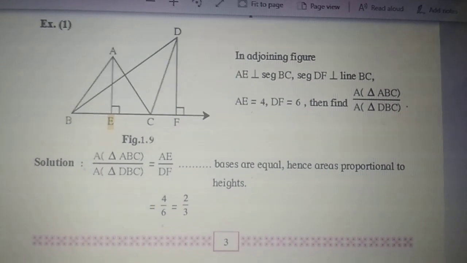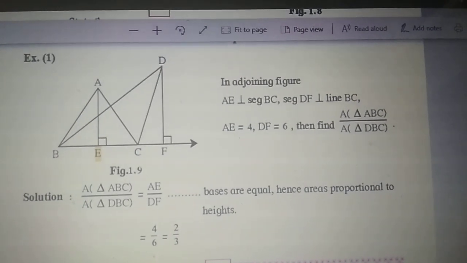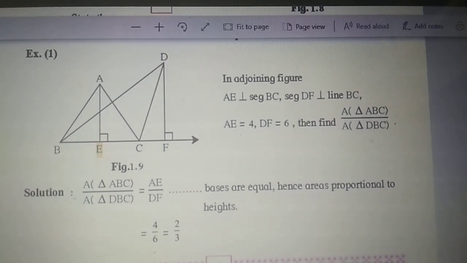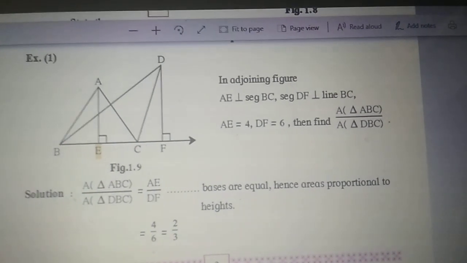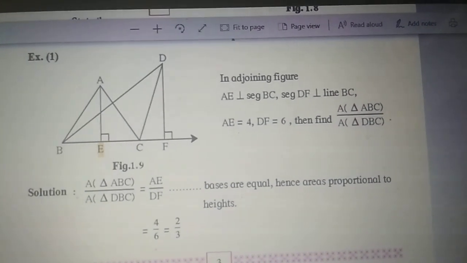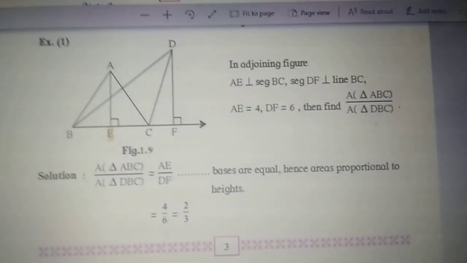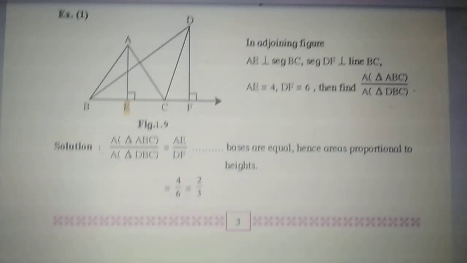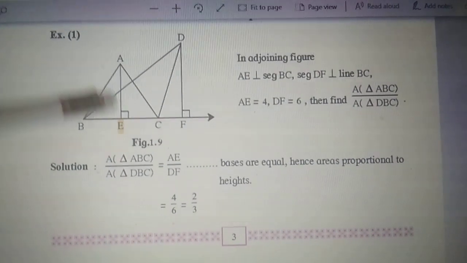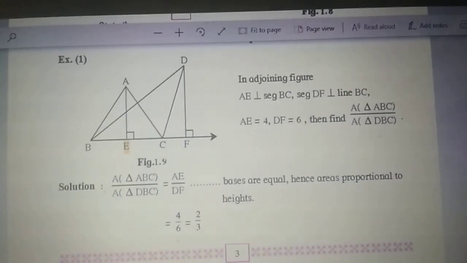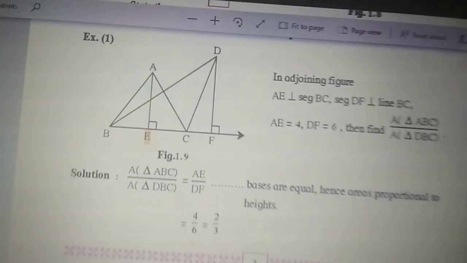Now here is the example. What is given? Triangle ABC and triangle DBC. AE equals 4. What is AE? AE is the height of the first triangle, that is ABC, and it is given as 4.